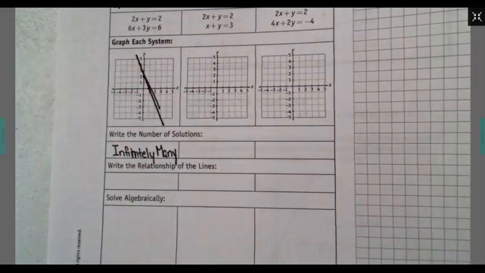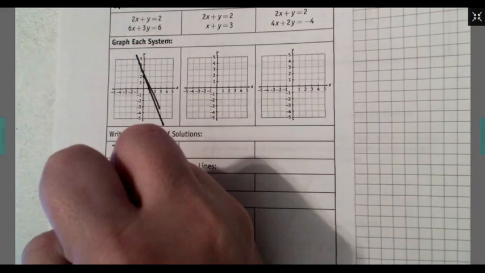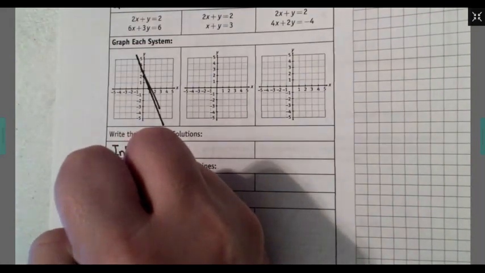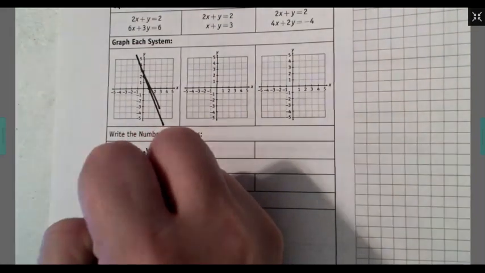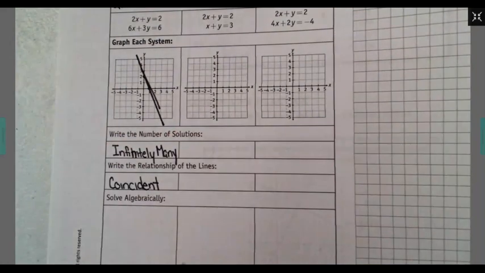It says, write the relationship of the lines. So are these intersecting lines, coincident lines, or are these parallel lines? Coincident. All right.